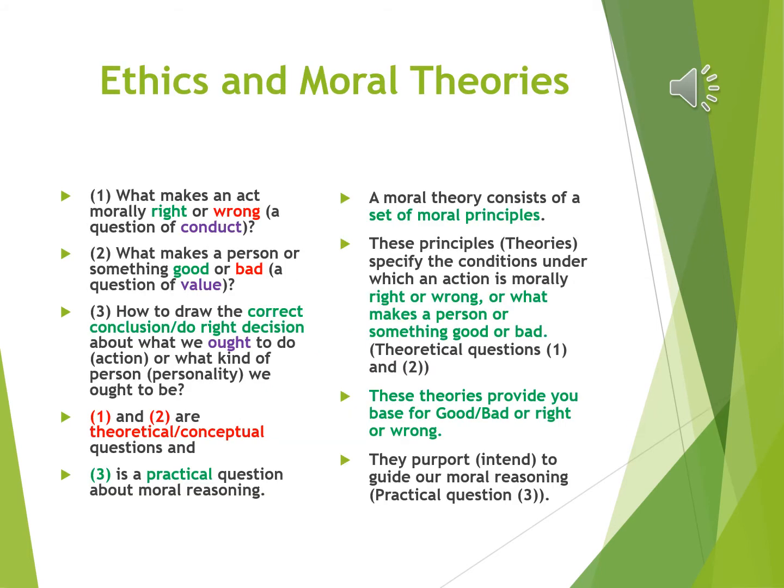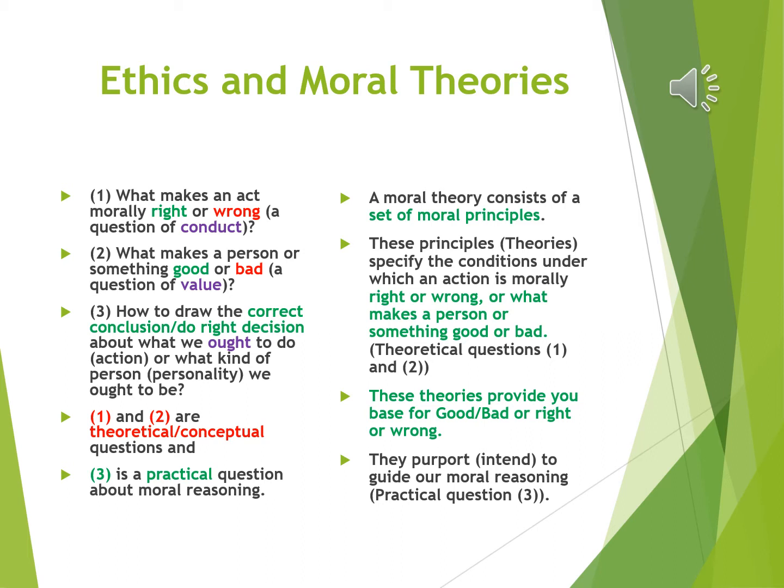In this slide, we are going to see how ethics and the moral theories are related. These three questions we have already talked about. What makes an act morally right or wrong? A question of conduct. What makes a person or something good or bad? A question of value.